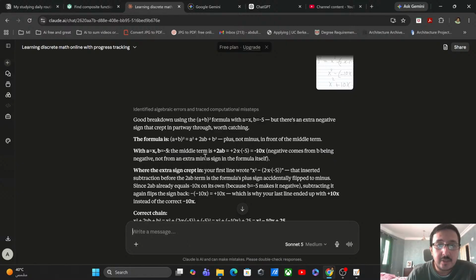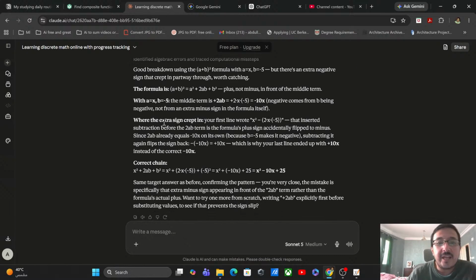The middle term is plus 2ab, 2 times x times minus 5 equals minus 10x, negative from b being negative, not from an extra minus in the formula itself.